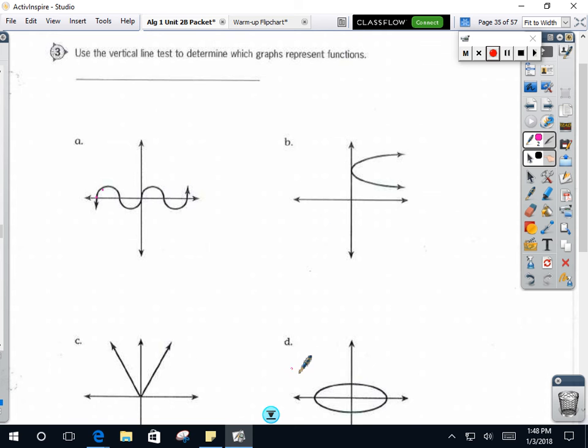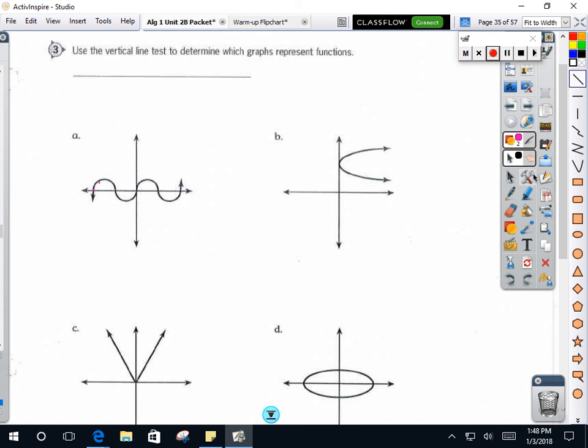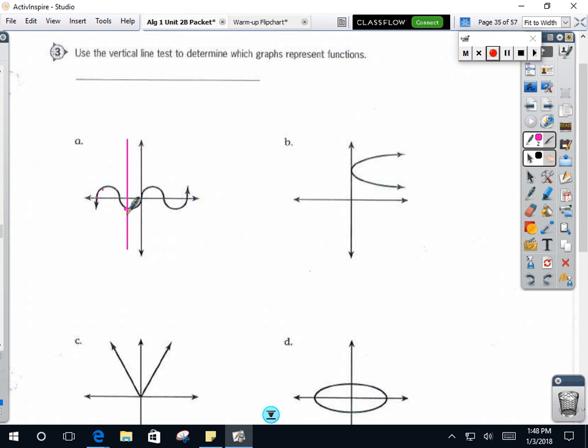So all 4 of them are relations, but only 2 of them are functions because only 2 of them pass the vertical line test. If you take a vertical line and you draw it through this first curvy relation, does the vertical line cross it more than once? No, it only crossed it one time. So A is a function because it passed the vertical line test. The vertical line only hit it once.